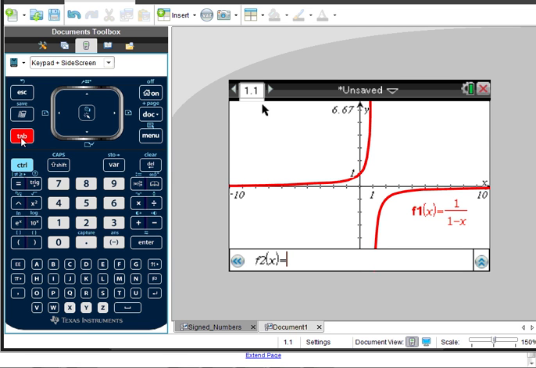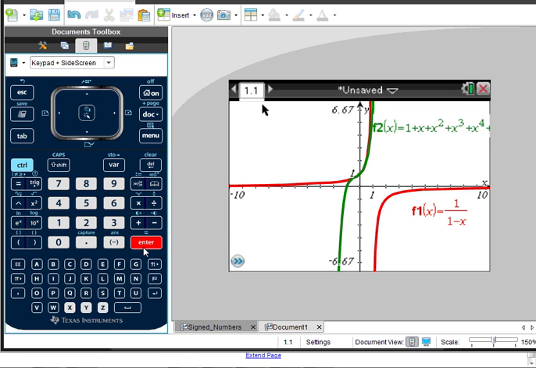So I want 1 plus x plus x squared plus x cubed plus x to the 4th. How many do you want? 10. Let's do one more. Plus x to the 5th. Good. There it is. It's the green one.